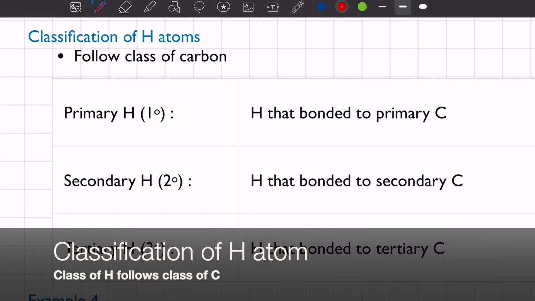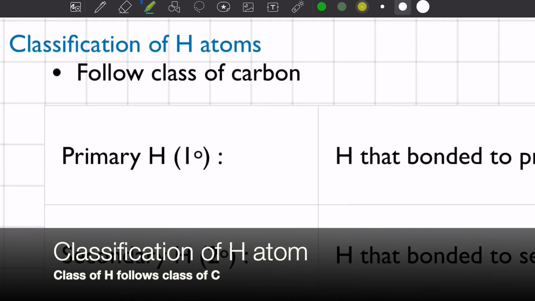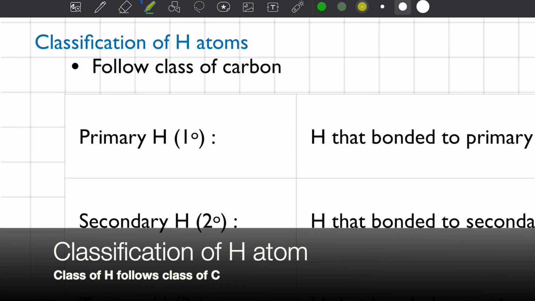Okay, next adalah classification of hydrogen atom. Tadi kita bagi kelas kepada carbon. Sekarang kita akan classify hydrogen. Berbezanya hydrogen dengan carbon, hydrogen dia akan follow class of carbon.